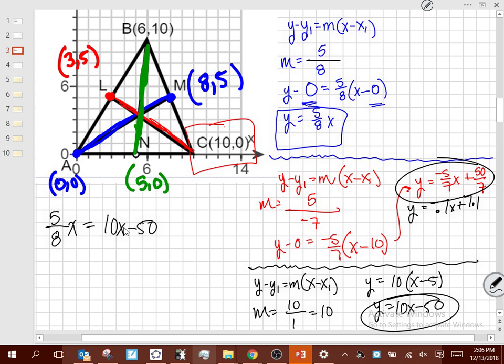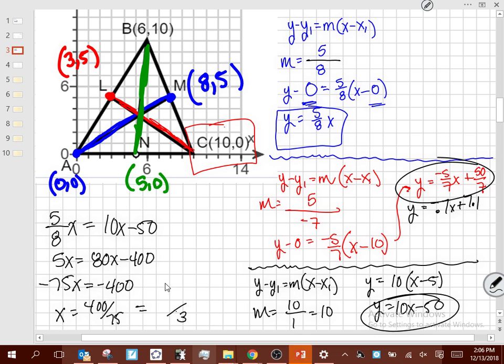What can I multiply everything by here to get the fraction to go away? 8, so we get 5x equals 80x minus 400. That gives you negative 75x equal to negative 400, right? So x is going to be 400 over 75. How many times does 25 go into 75?